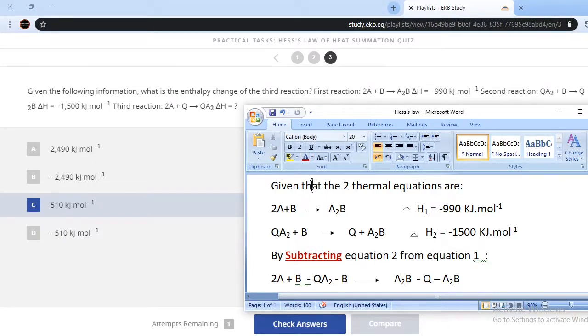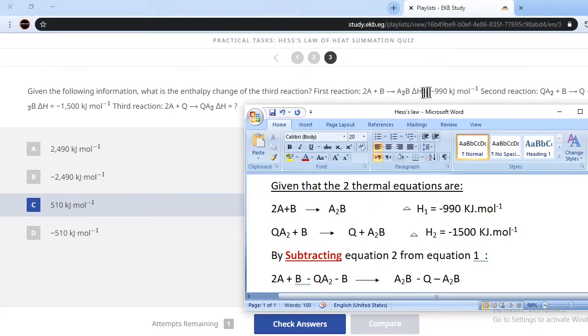So we have two thermochemical equations. The first equation, 2A plus B gives A2B, and its delta H1 is minus 990 kJ per mole. And the second equation, QA2 plus B gives Q plus A2B, delta H2 minus 1500 kJ per mole.